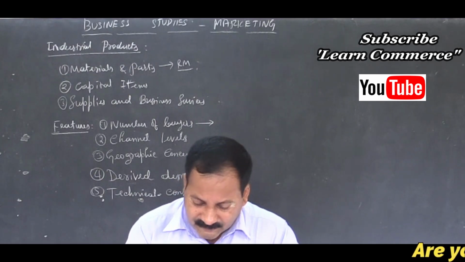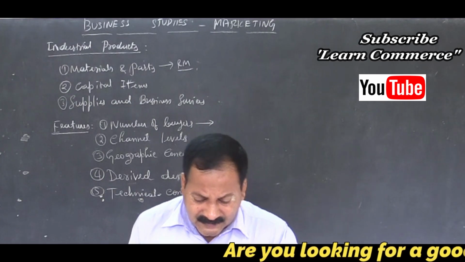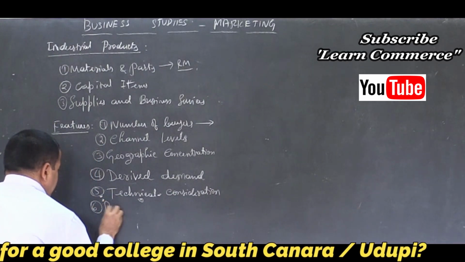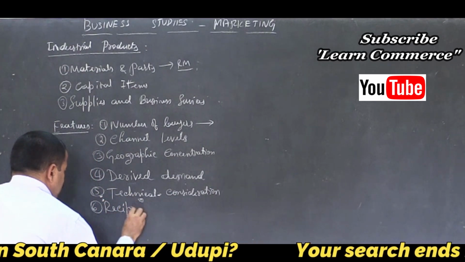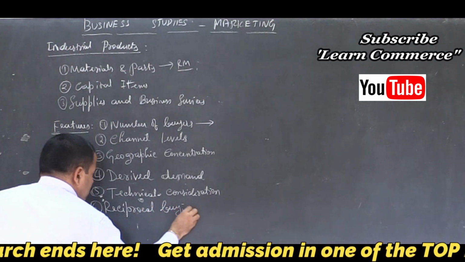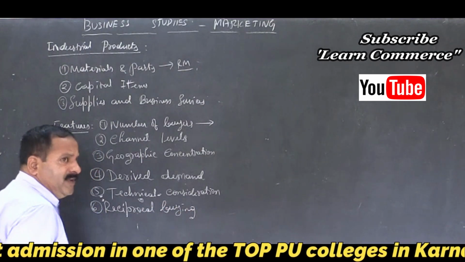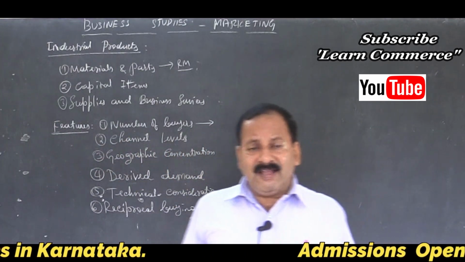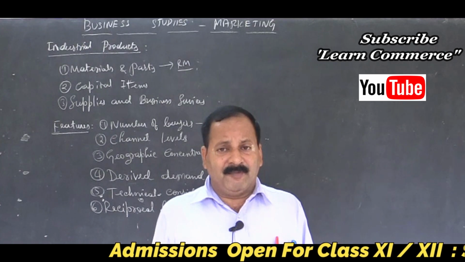The next point to be noted, which is a feature of industrial products, the sixth one, is reciprocal buying. This is like, if you look at me, I will look at you, isn't it? In the same way, industries will have some mutual agreements among them.